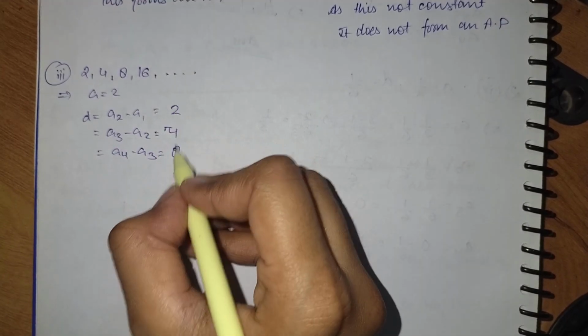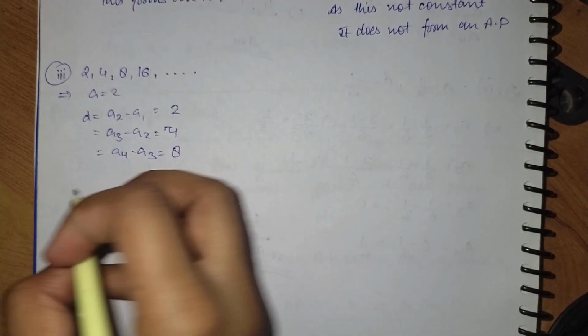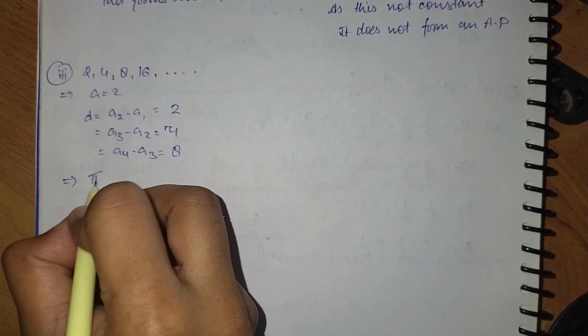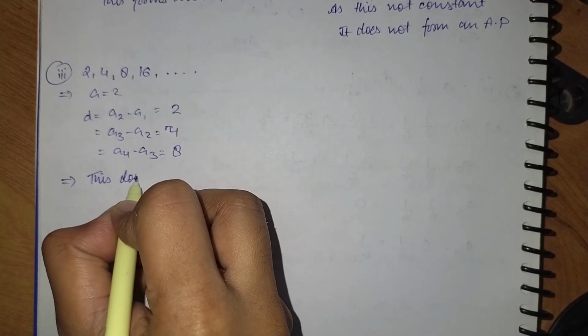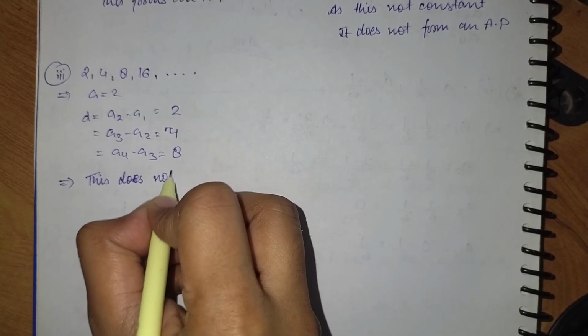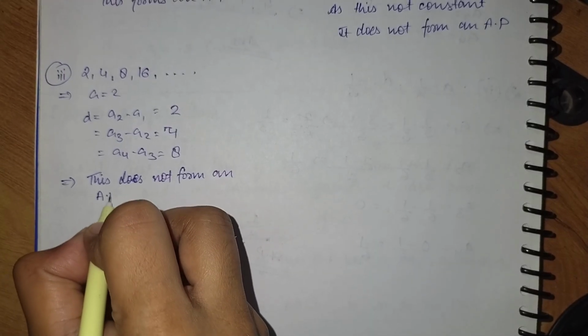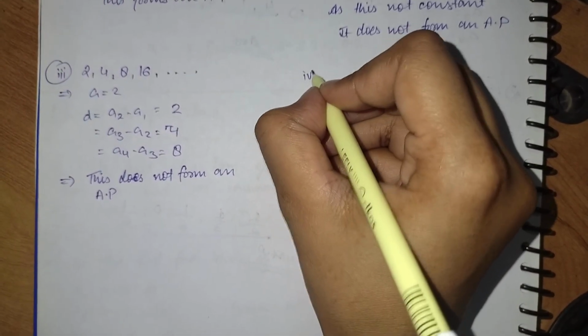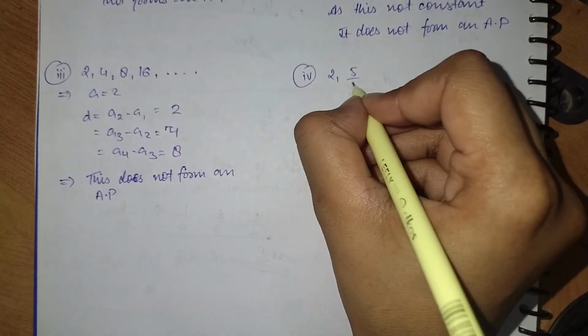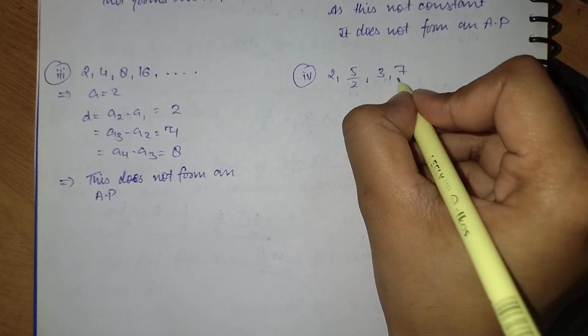So as this common difference is not constant, we can write this does not form an AP.